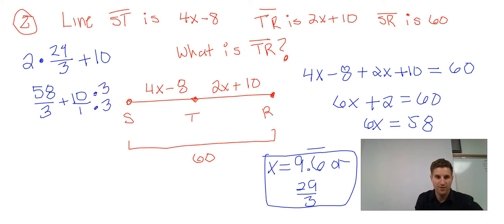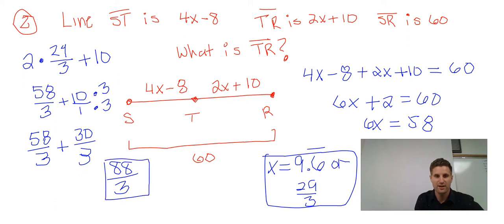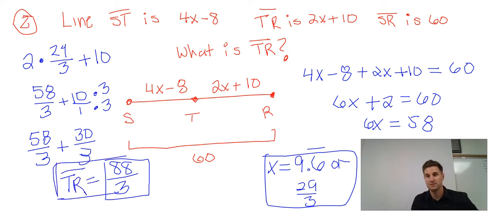And now we're going to get 30 over 3 plus the 58 over 3. And we're going to add the tops, and we're going to get 88 over 3. And if we do that, we're basically stuck, and we can leave that as our final answer. So this right here is the value of TR. Okay? Fractions are friends, not enemies.